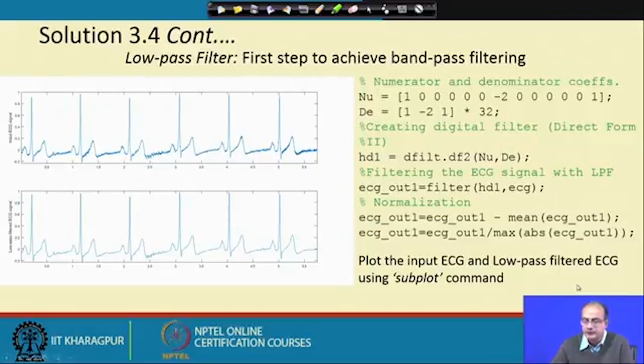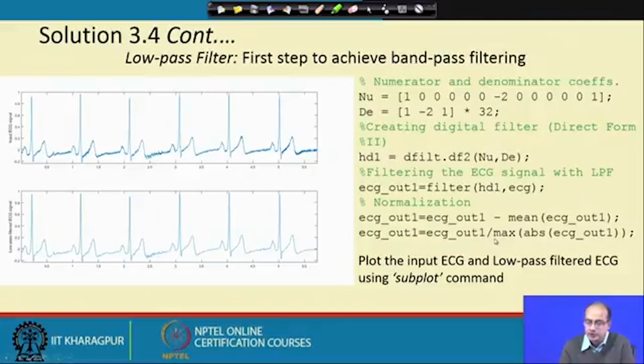With the low pass filter, the high frequency noises, the power frequency hum and the high frequency noise, are subdued, and for that Pan-Tompkins has given the numerator and the denominator.